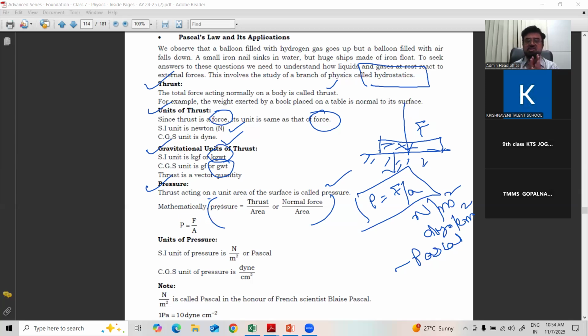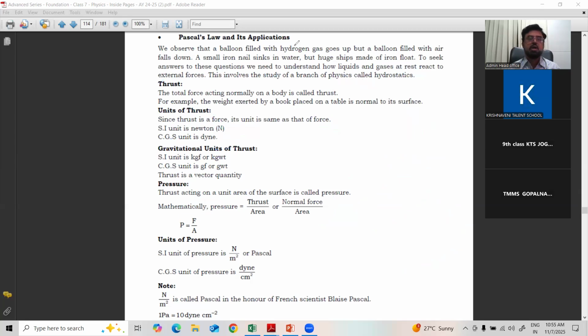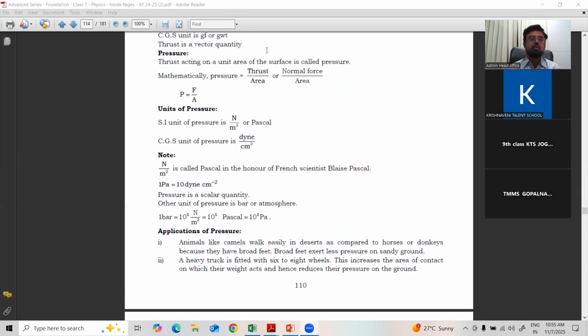So thrust is a force acting perpendicular to the body, and the force acting per unit area is called pressure. When a force acts on a particular area, we get pressure. It is measured either in Newton per meter square, dyne per centimeter square, or simply Pascal.